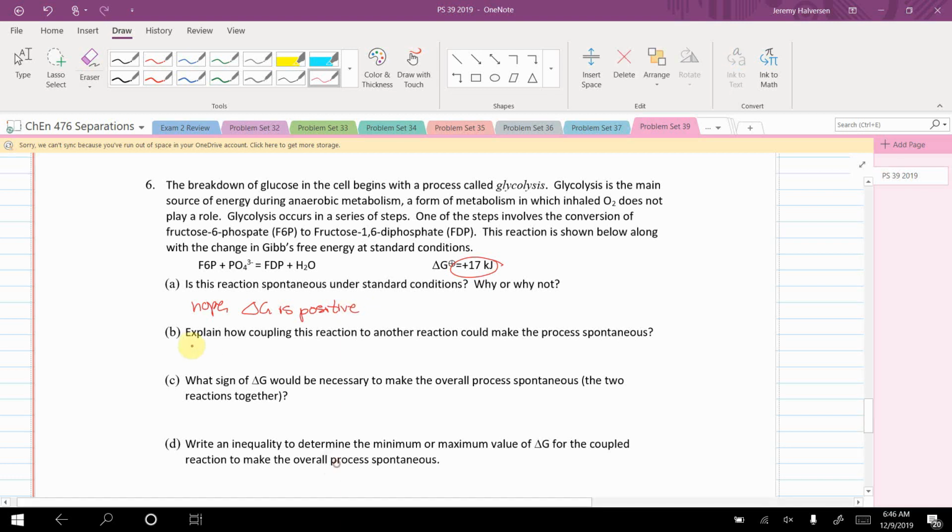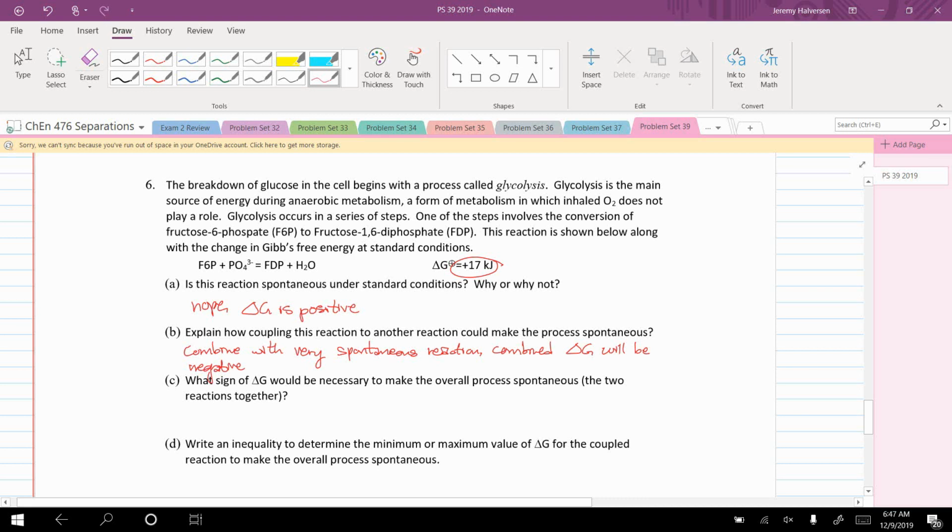Well, if we take this and combine it with a very spontaneous process, then the combined delta G will be negative, and we can get both reactions to happen together.